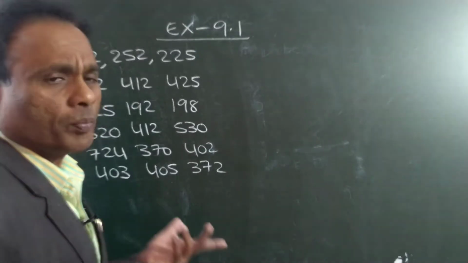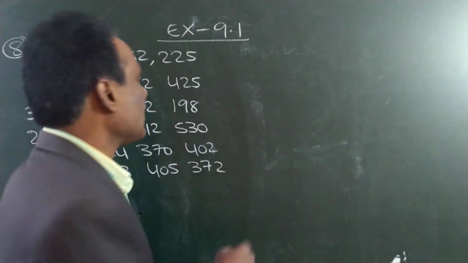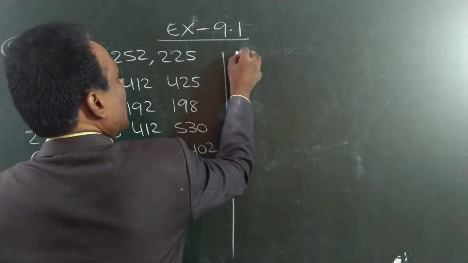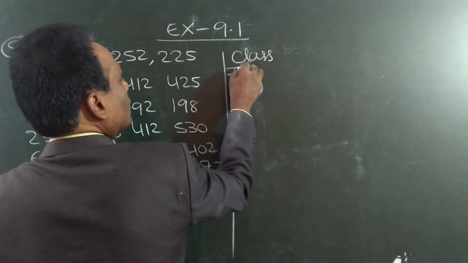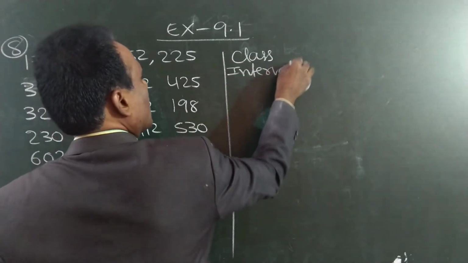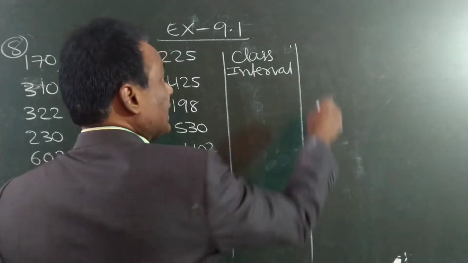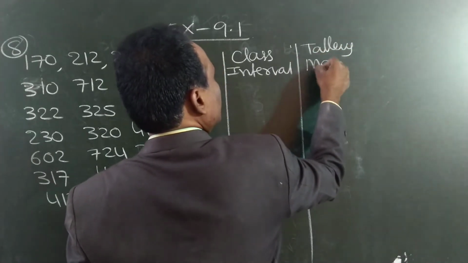So how do we prepare the frequency distribution table? There are 3 things. One is class interval. Next we take tally marks, that is counting how many are there in that class interval.